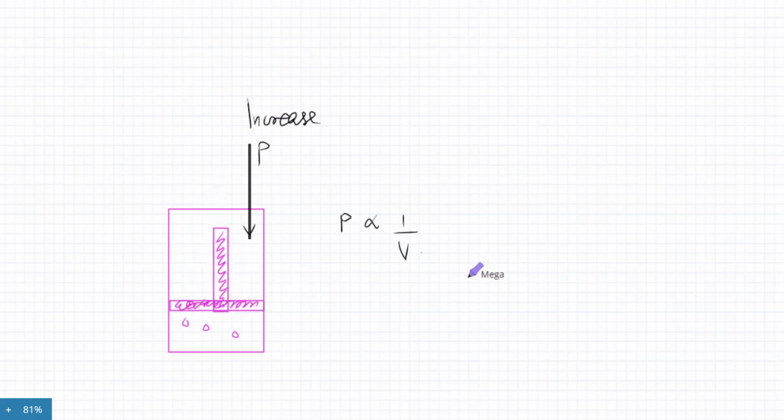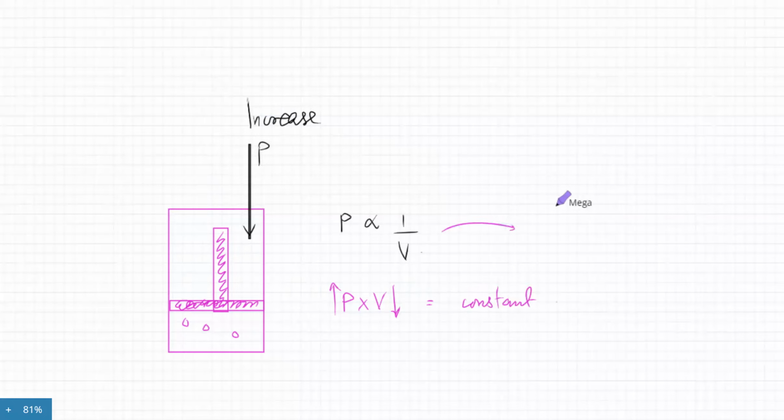The volume will decrease. So the pressure goes up, the volume decreases, which means the product should remain a constant. You should get a constant straight line. But something happens. This relationship does not work at high pressures.